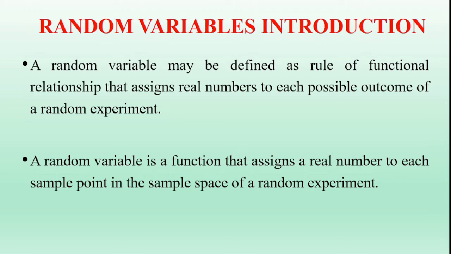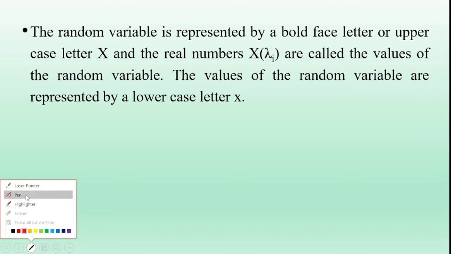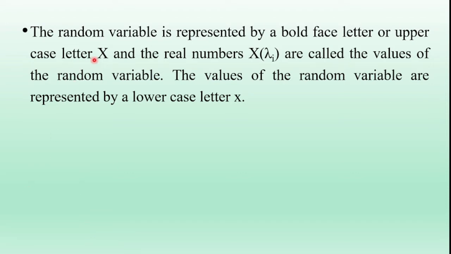The random variables are represented by uppercase letters. Here capital X is the random variable, represented by an uppercase letter, and the real numbers x of lambda I are called the values of the random variable.